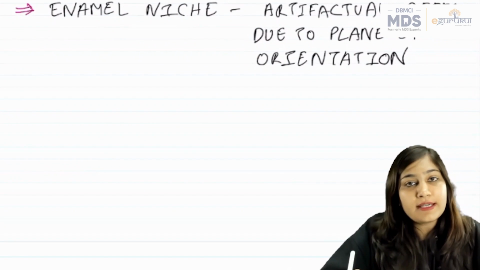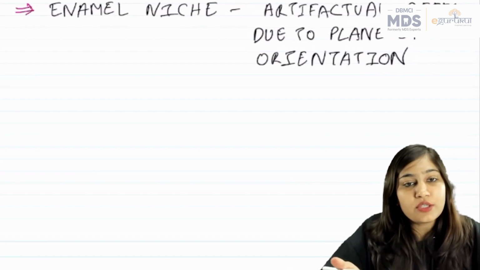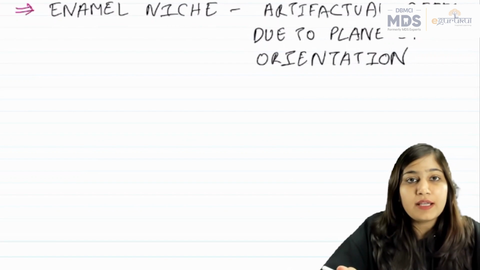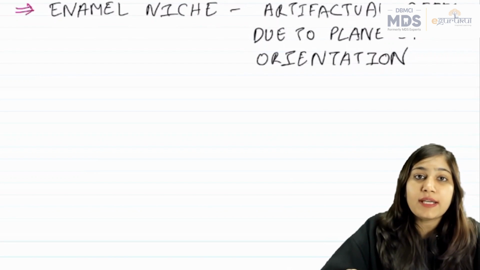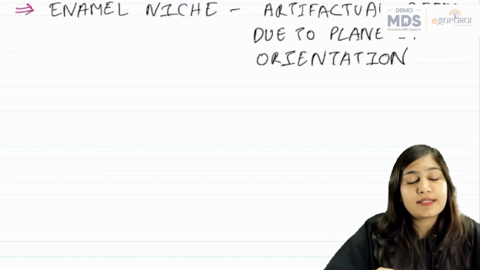We have already discussed dental papilla and dental sac. Dental papilla is the condensation of the cells just adjacent to the enamel organ. And the condensation of the cells surrounding both the enamel organ as well as the dental papilla is dental sac.